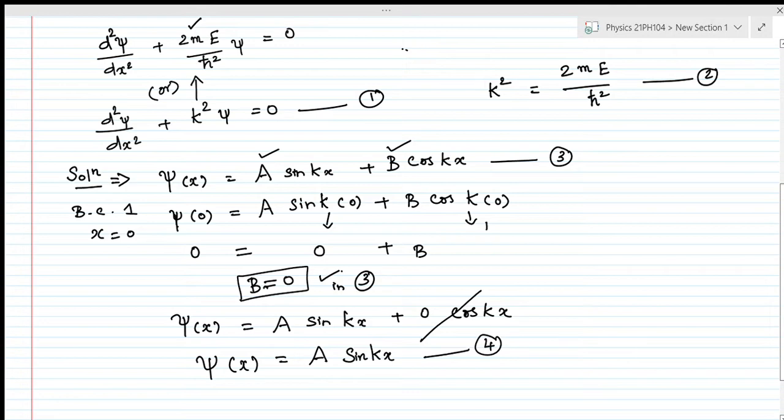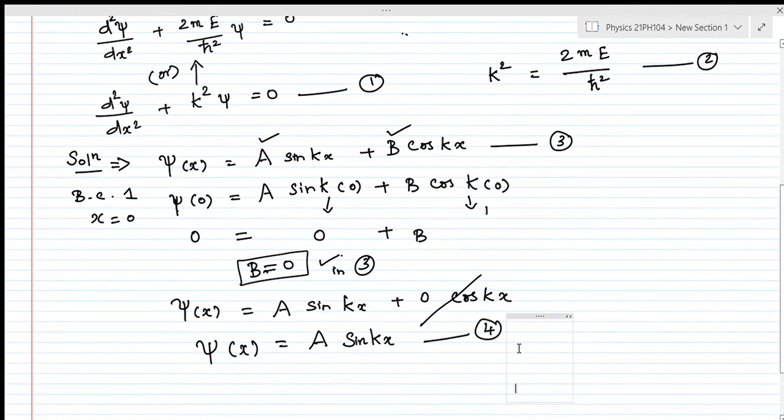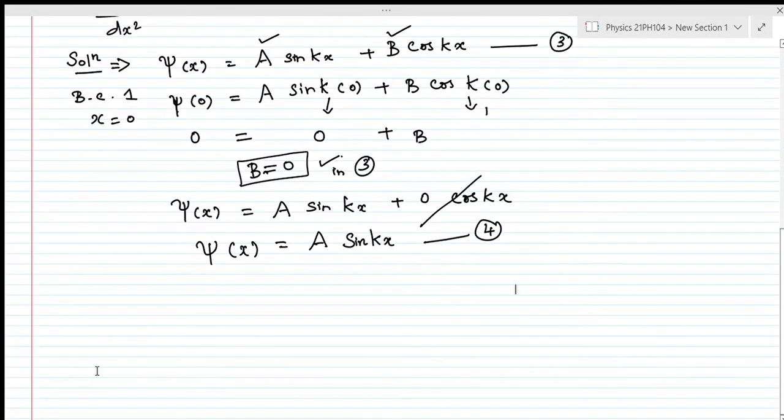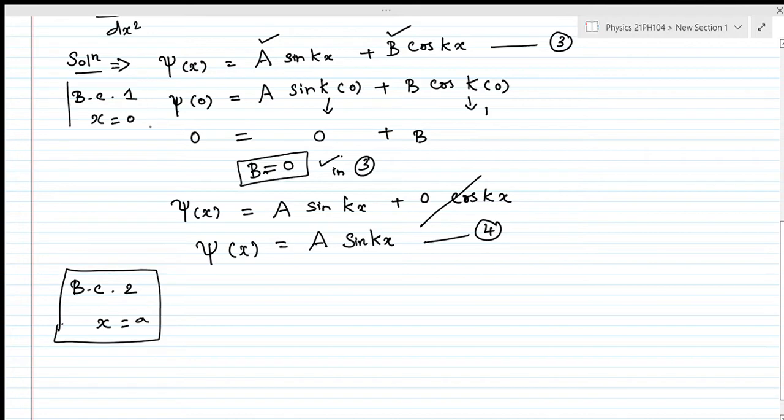Now we have the second boundary condition, boundary condition 2, which is x is equal to a. So this is the second boundary condition and this is the first boundary condition.